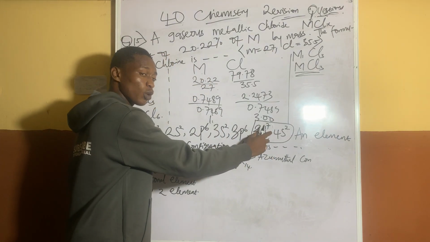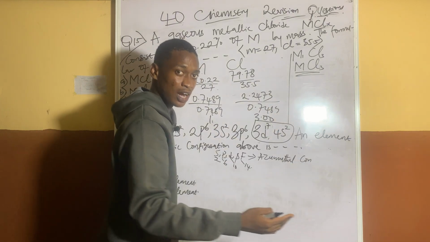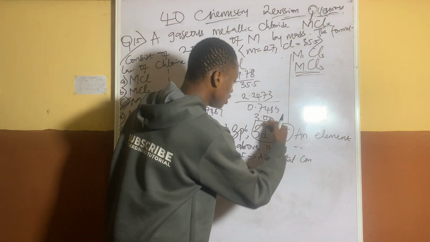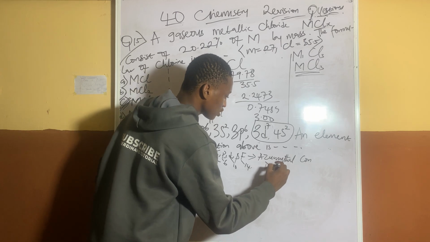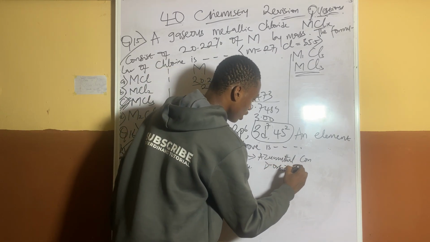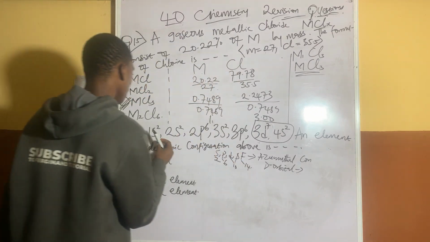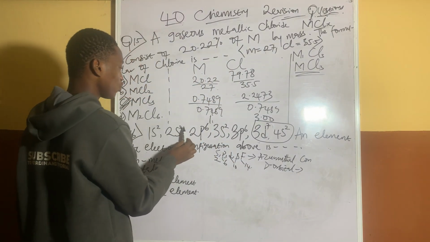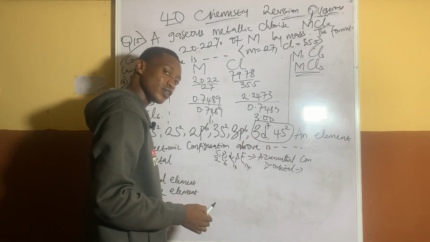Elements whereby the D orbitals are not completely filled before you move on to the next are called transition elements. Elements that belong to D orbitals are also called transition elements. So here we have 2, 4, 2 plus 2, 4 plus 6, 10, 12, 18, 20, 27. Are we there now?